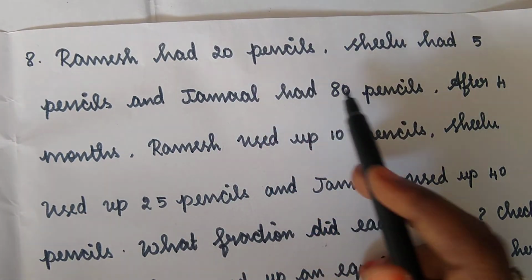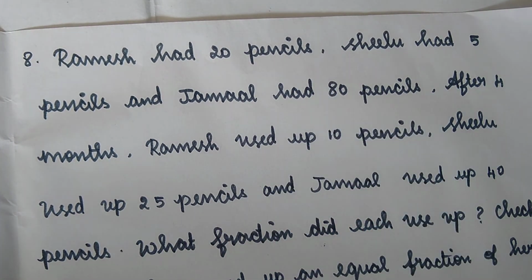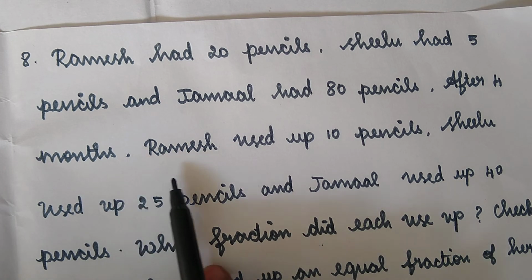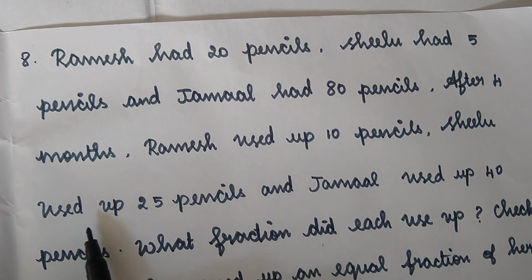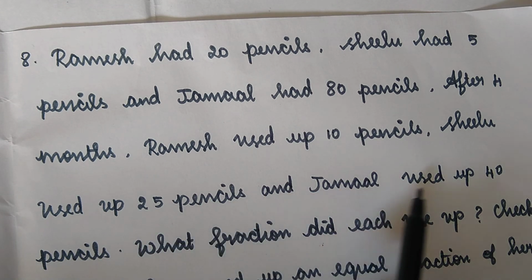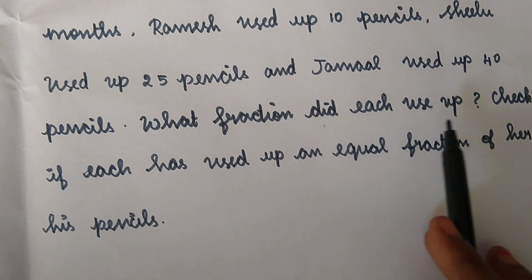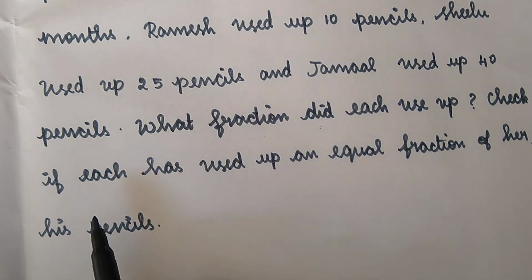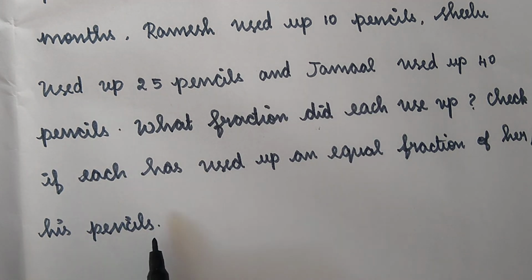Ramesh had 20 pencils, Sheelu had 50 pencils and Jamal had 80 pencils. After 4 months, Ramesh used up 10 pencils, Sheelu used 25 pencils and Jamal used 40 pencils. What fraction did each use up? Check if each has used up an equal fraction of her or his pencils. So this is our question. We have to find the fraction for each member.